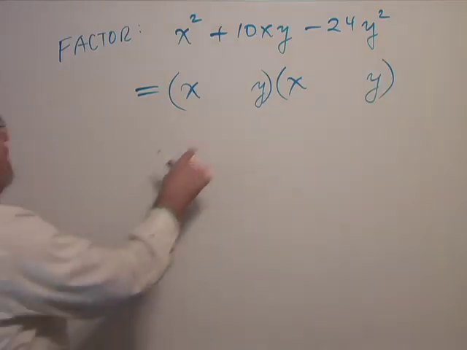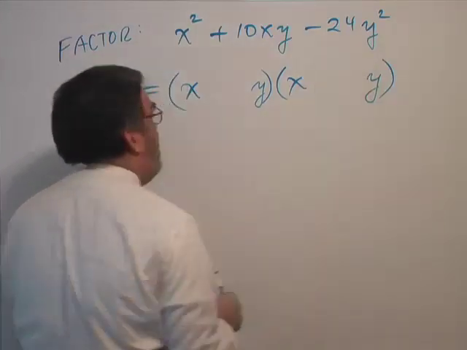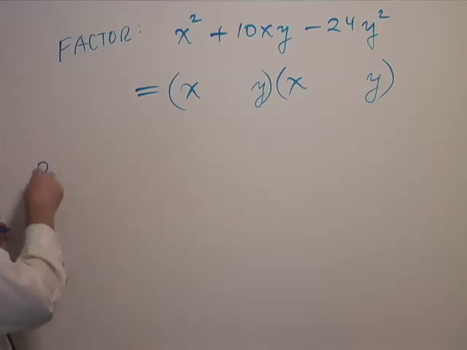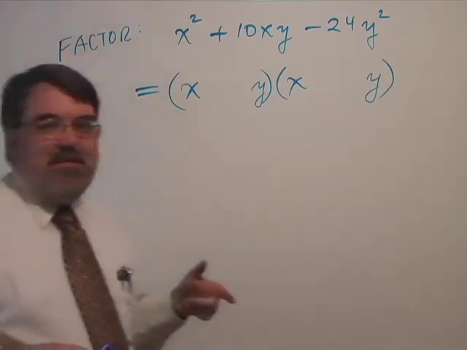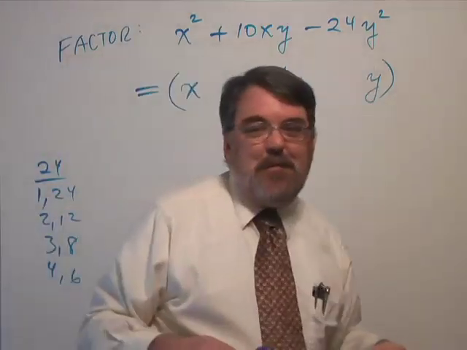All right, so to put a number here and here, I need to break up 24. And 24 breaks up as 1 times 24, 2 times 12, 3 times 8, 4 times 6. And I think that's all. So there are four possibilities for breaking up the 24.